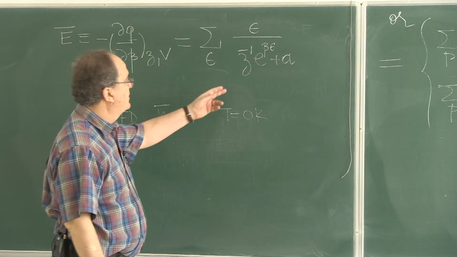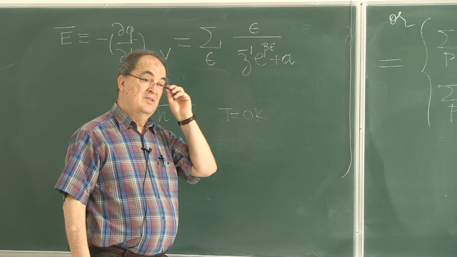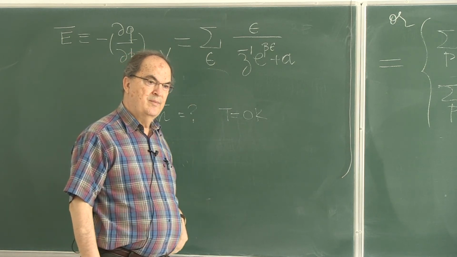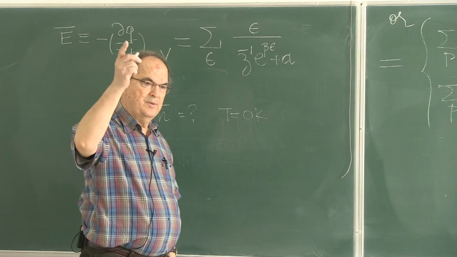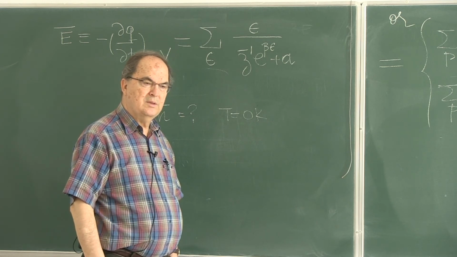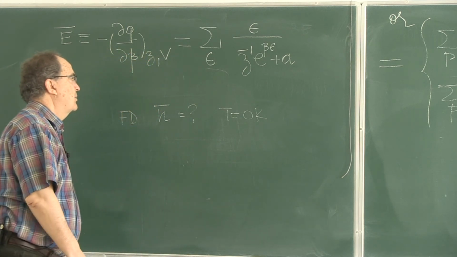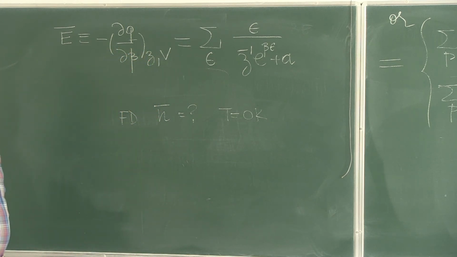Well, that z was what? e to the beta times mu, we called it alpha. e to the beta times mu, minus e, minus n mu, remember. So what happens to that?